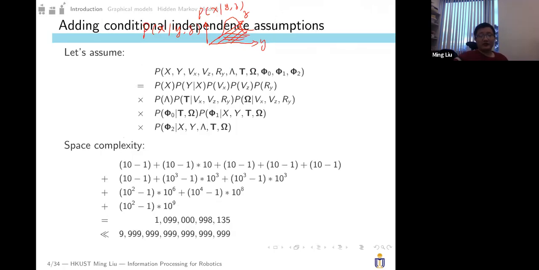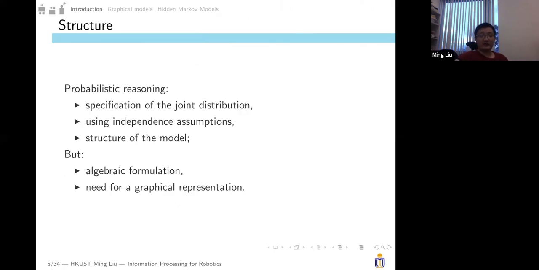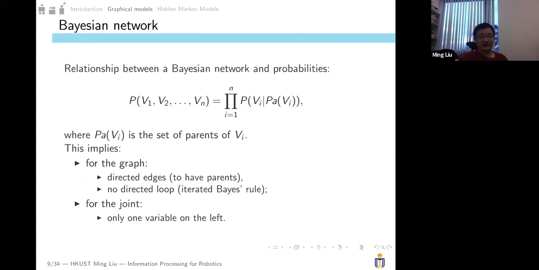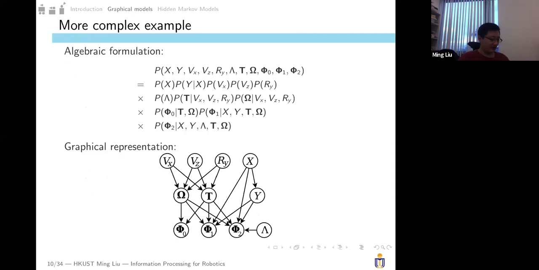To solve this problem, we can assume many conditional independence conditions. So one of the effective ways to describe this conditional independency is the graph model.